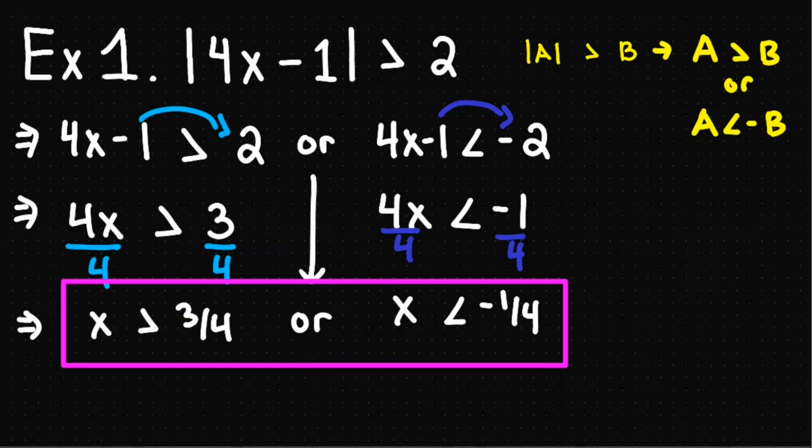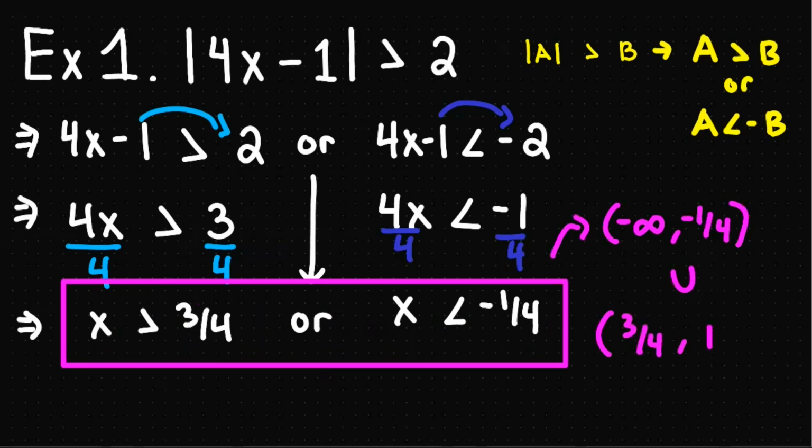So in interval notation, this is first from negative infinity to negative 1 over 4, union 3 over 4 to positive infinity. And this is our answer for this first example.